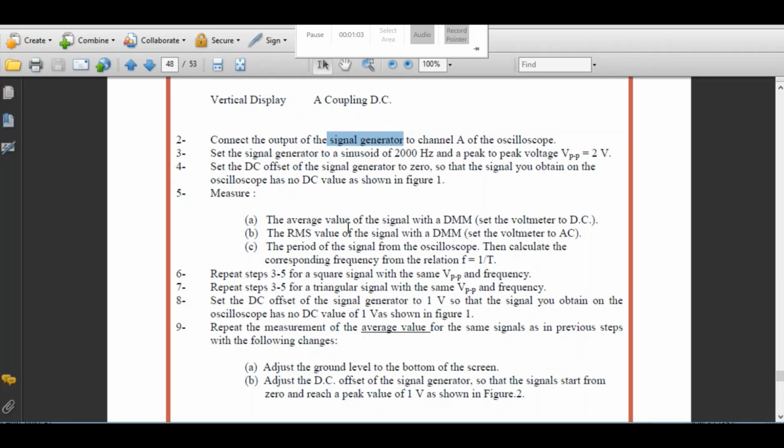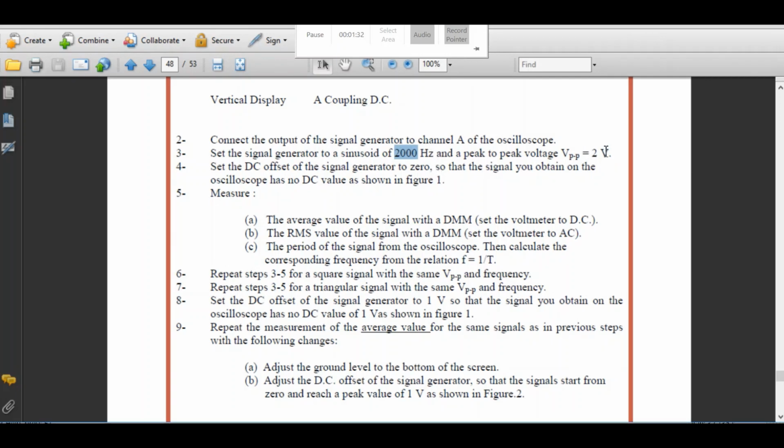Then we have to calculate the time period and the frequency for these waveforms, for which we use the oscilloscope, whereas for the average and RMS we use the multimeter. Now, we need to generate a waveform with a frequency of 2 kHz and a peak-to-peak value of 2 volts.